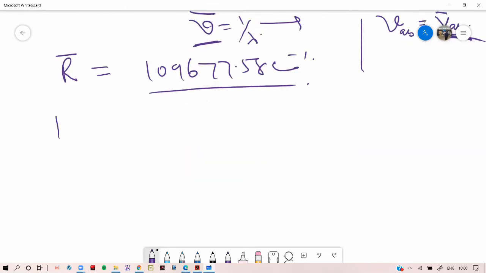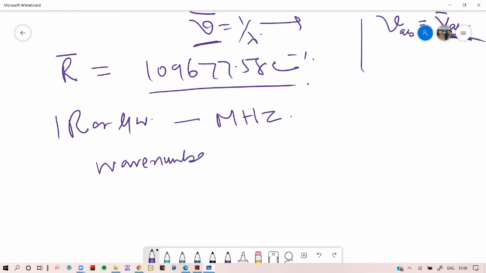If we have an IR or microwave spectra, these are represented in the megahertz range. And wave number is represented in centimeter inverse.